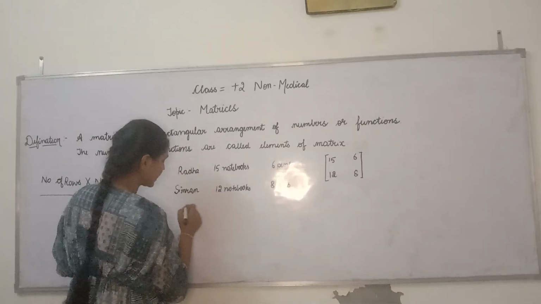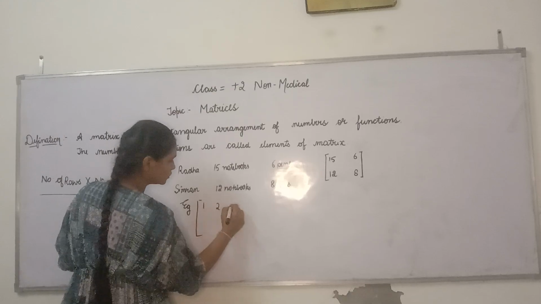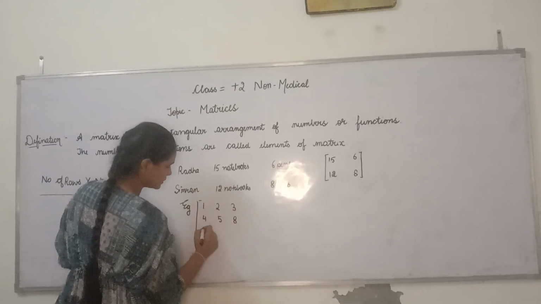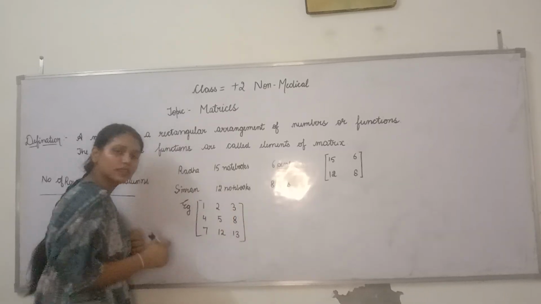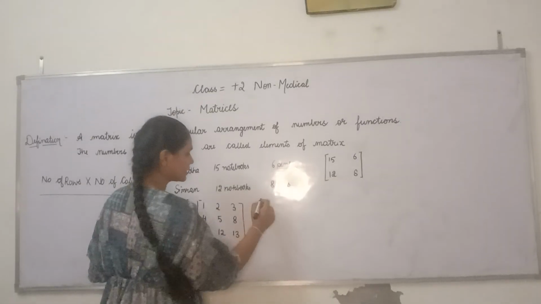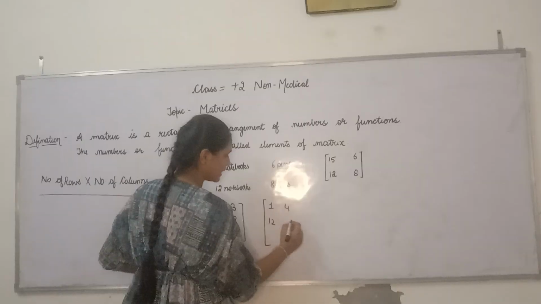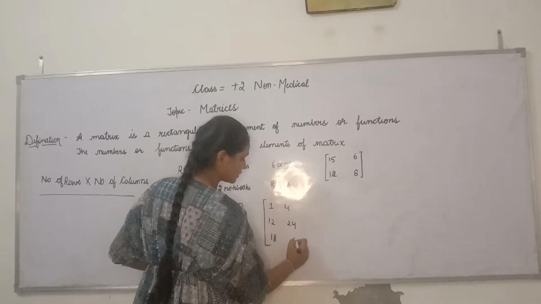I can write more examples of matrices: 1, 2, 3, 4, 5, 8, 7, 12, 13. So this is also a matrix. I can also write 1, 4, 12, 24, 18, iota.